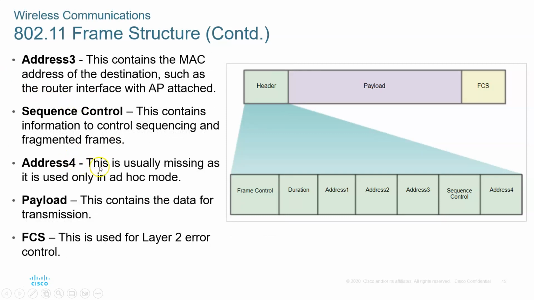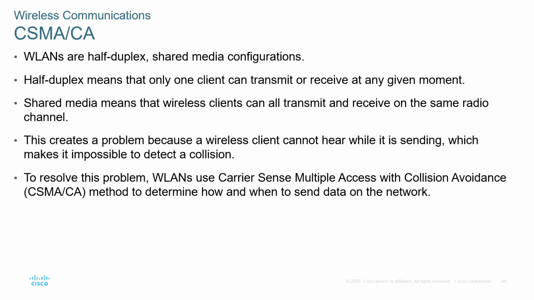Usually we don't use address 4. This is for ad hoc if you're directly connected. Then you've got the sequence control number and the payload. The FCS, the frame check sequence, is just to make sure that the frame is not corrupted when it's received, right? Okay, these are good to know. I'm not going to have you write them down, but it's okay.